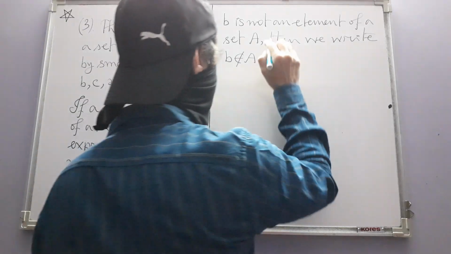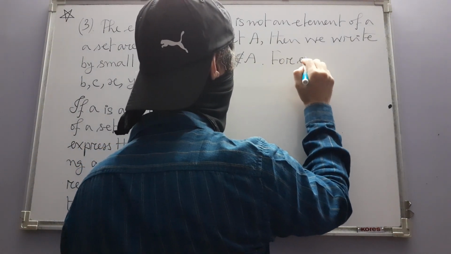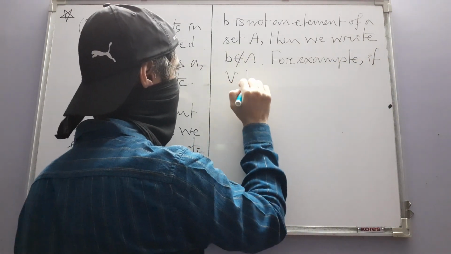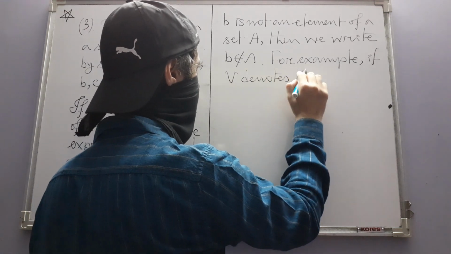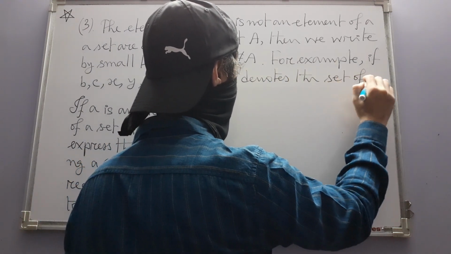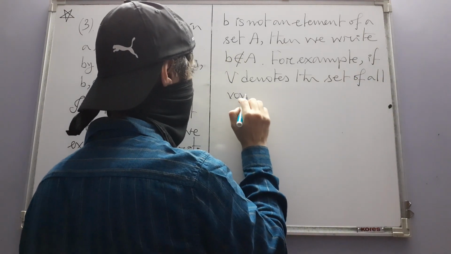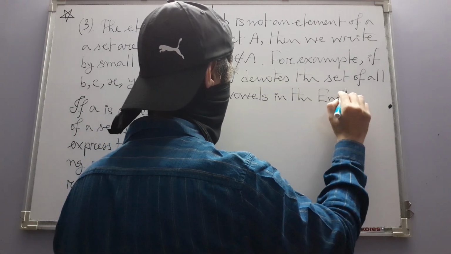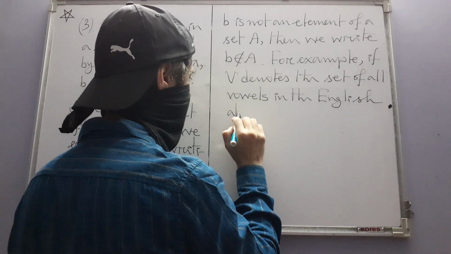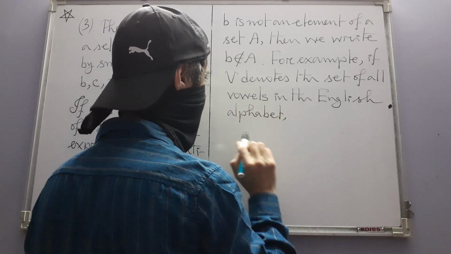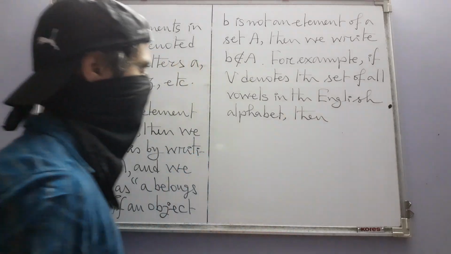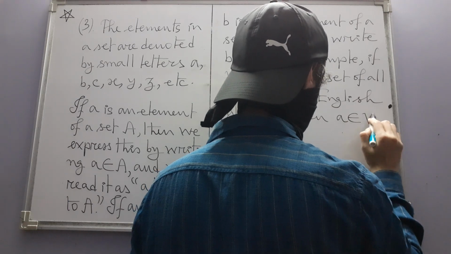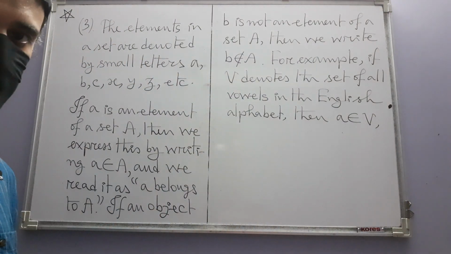For example, if capital V denotes the set of all vowels in the English alphabet, then a belongs to V, because V has a as an element.